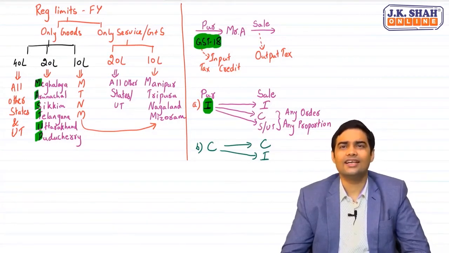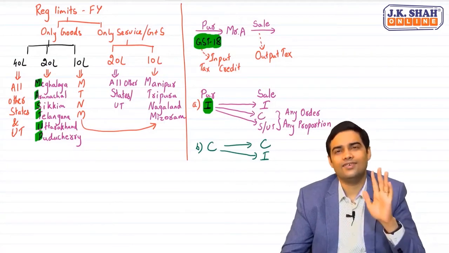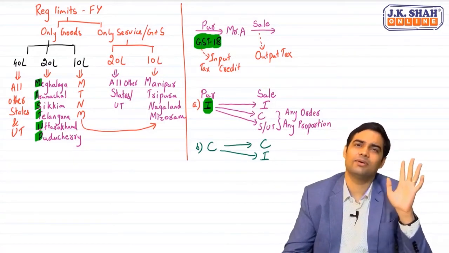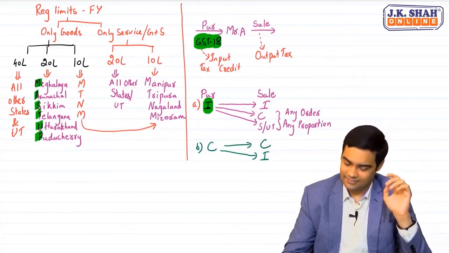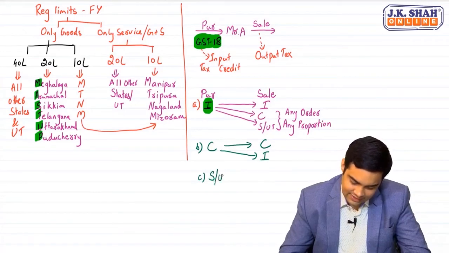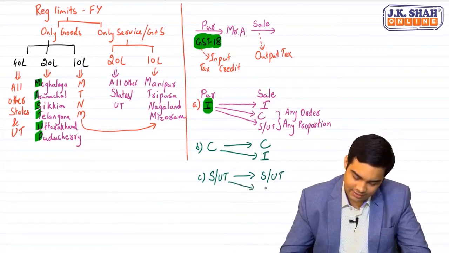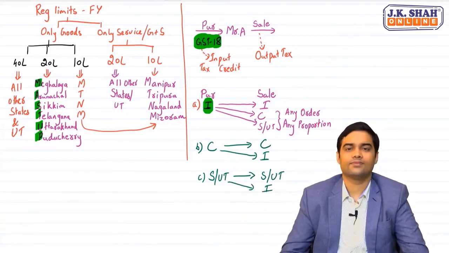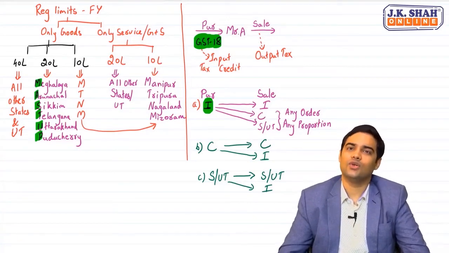That would create differences between central and state government in case of transfer of each other's revenue. That's why the law has not permitted adjusting C with S or S with C. And finally, SGST/UTGST would be first adjusted against S/UT, and thereafter this can be adjusted against I. So this entire thing is called the order of utilization.